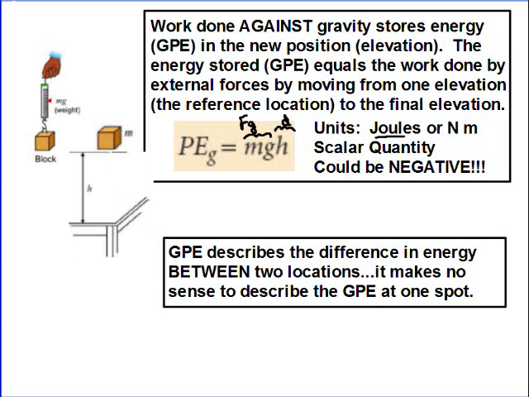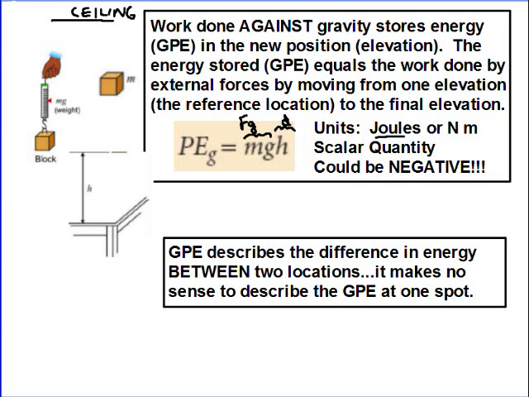Now we could have a negative GPE, and this is how we could do that. Let's say that I choose my reference location to be the ceiling. So way up here is the ceiling, and I'm going to say that that is my reference. I want to compute how much GPE this object has relative to the ceiling. Well, anything below the ceiling would be a negative h value. I'm actually below that position.